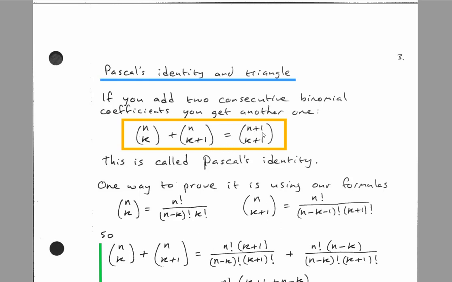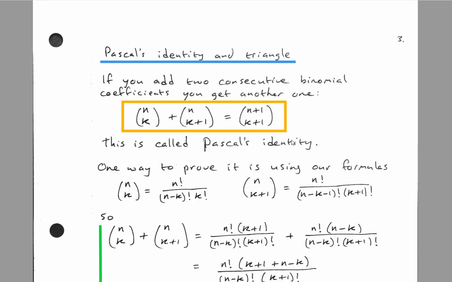The top number went up by 1, and the biggest of the two on the bottom goes here. This is called Pascal's identity, after a French mathematician, Pascal.